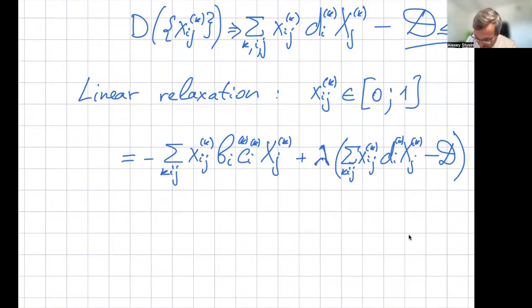And let me actually explicitly write out what this Lagrangian depends on. It depends on all of the allocation variables and the Lagrange multiplier. And the typical approach here would be to use the Lagrangian to derive the dual function, or I would rather say a dual optimization problem.